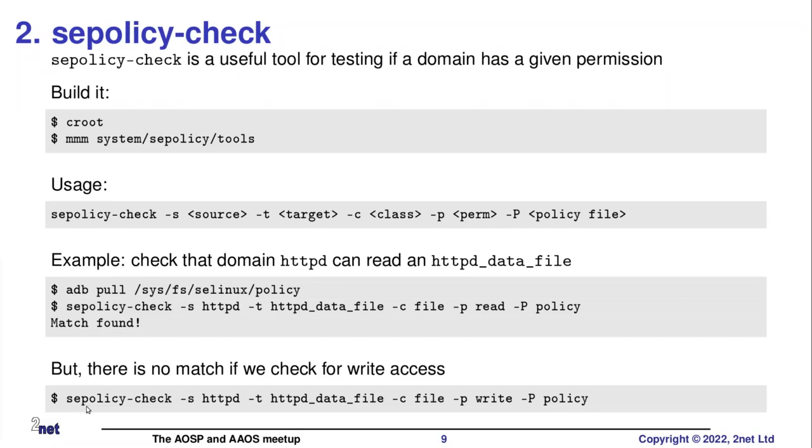Same check, but with permission write. And now it doesn't return anything. Slightly annoyingly, it doesn't say no or anything useful like that. It just doesn't say anything. So if you see match found, that means yes. If it doesn't say anything at all, it means no. So SEPolicy check is a handy little tool for answering basic questions about who can access what.